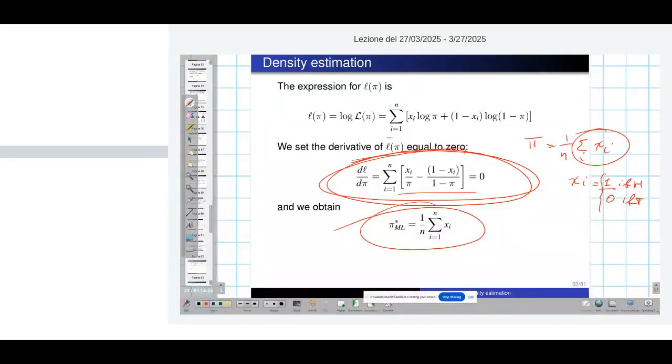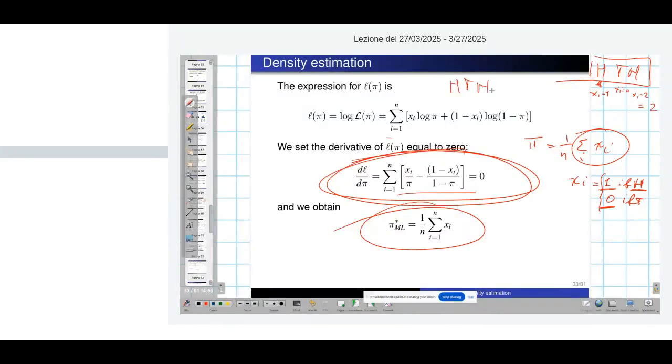If I have 1 every time I see a head and I have 0 every time I see a tail, it depends on the number of heads. If I have head, tail, head, how much is the sum of xi? If I have this sequence, this xi here is 1, xi is 0, xi is 1. So the sum of the xi's is 2.